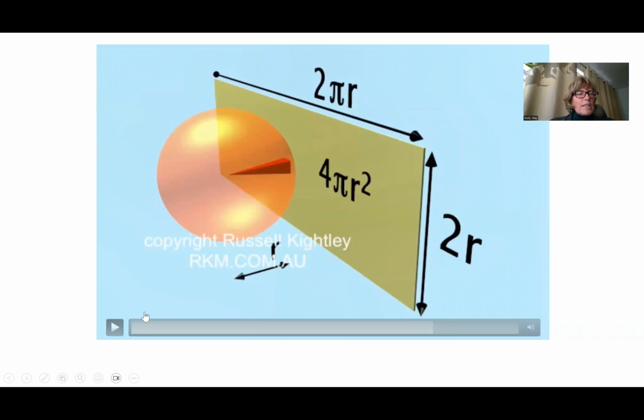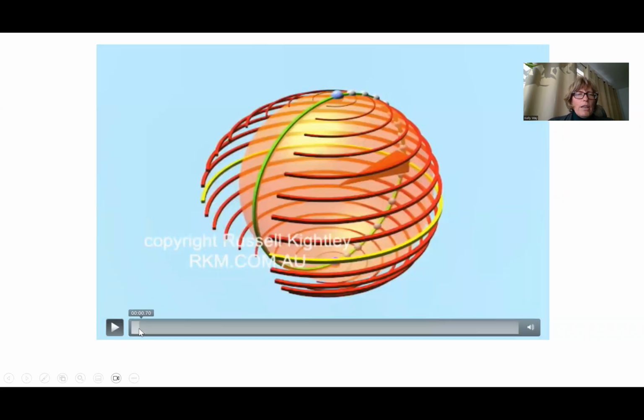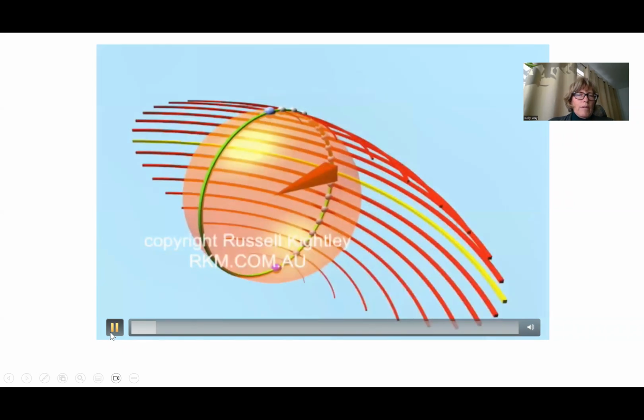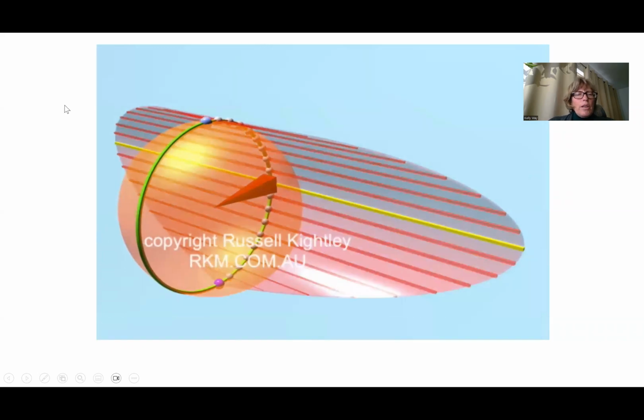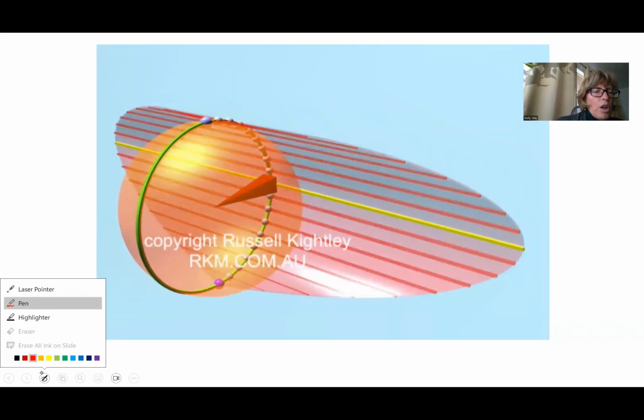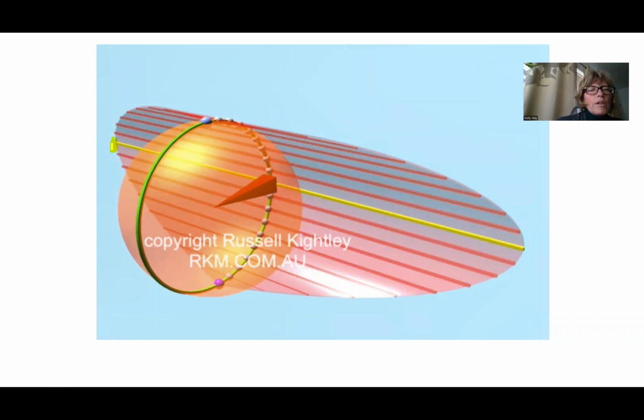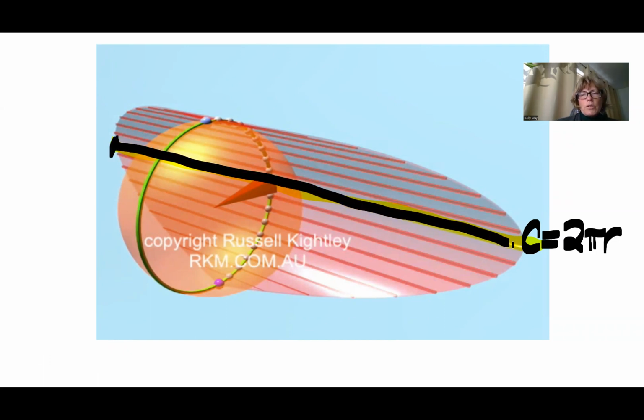Okay, so what that's saying is if we unwrap the outside of a sphere, you should have noticed that the longest segment is the circumference of the sphere, which on the PSATs they will use 2 pi r. So that edge length would be the circumference.